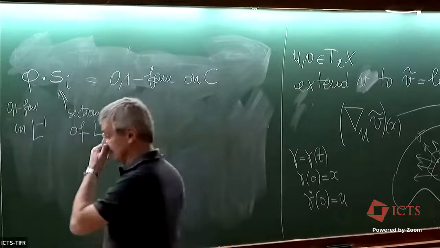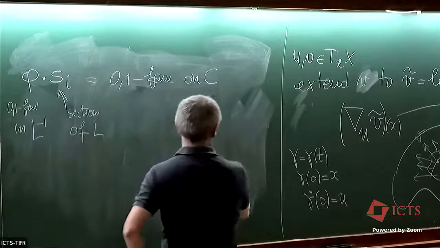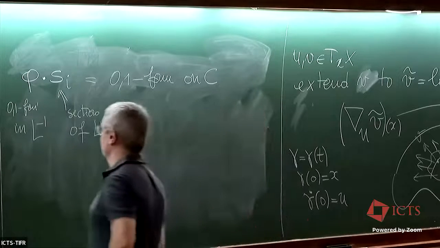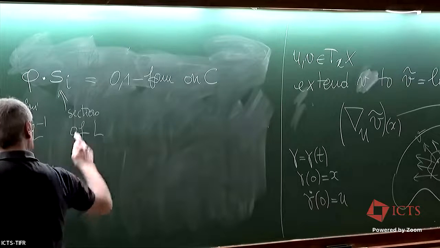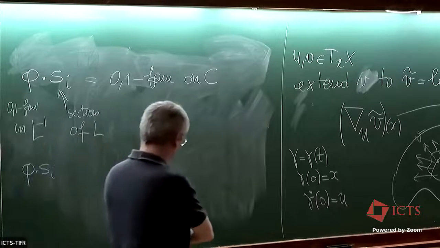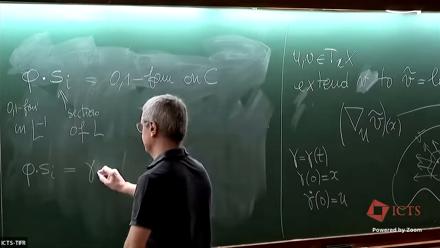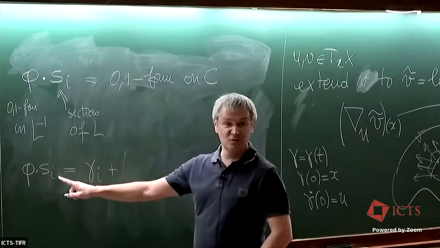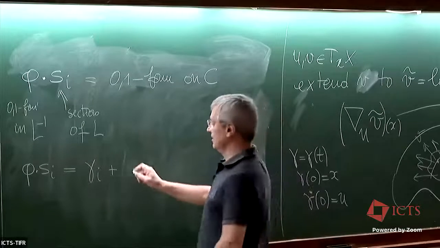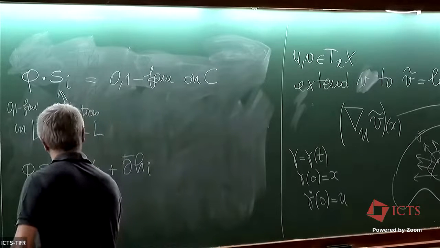And now we use the Hodge theory. So this 1-0 form, sorry, 0-1 form is of course closed. And so it will define a cohomology class. This cohomology class will have a harmonic representative.